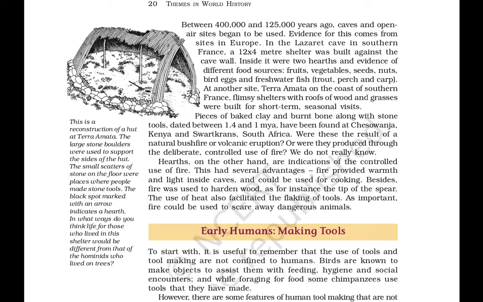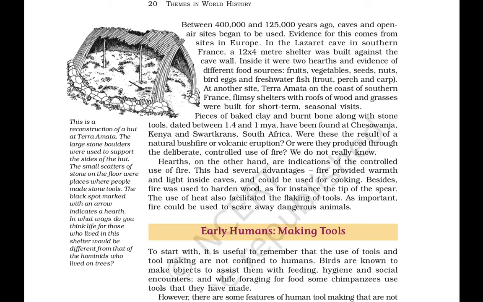Pieces of baked clay and burnt bone, along with stone tools dated between 1.4 and 1 million years ago, have been found at Chesowanja, Kenya, and Swartkrans, South Africa. Was this the result of a natural bushfire or volcanic eruption, or were they produced through the deliberate controlled use of fire? We don't really know.